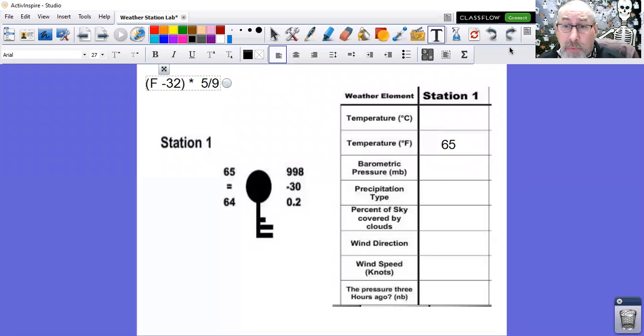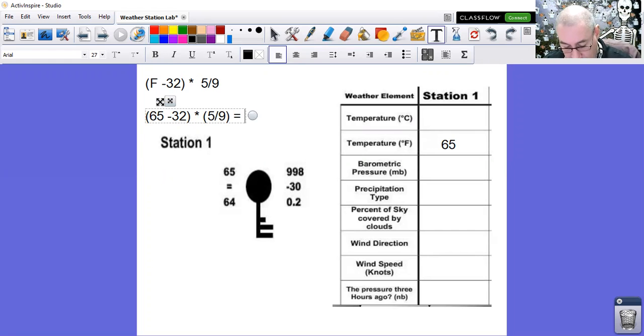And we can do this real easy, putting it in the calculator in one simple step. So for our situation, our temperature is 65 degrees. So in our calculator, 65 minus 32, then you're going to do times, and then in parentheses, 5 divided by 9, and you're going to get your answer.